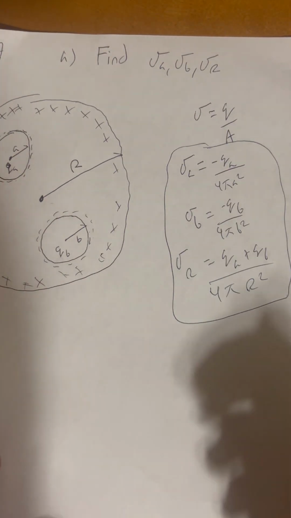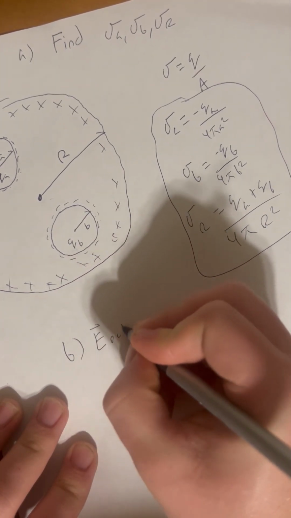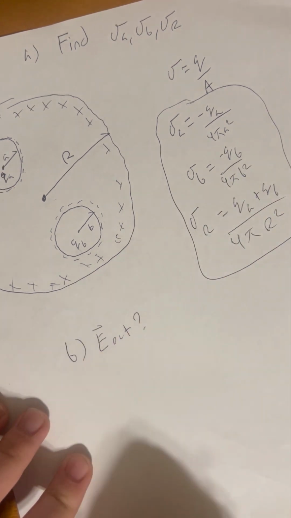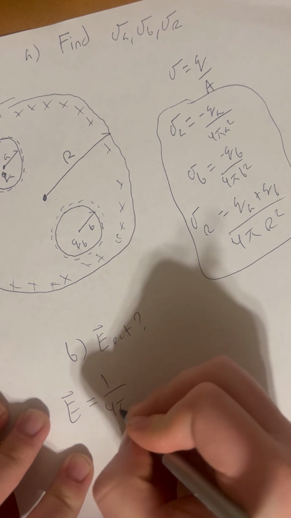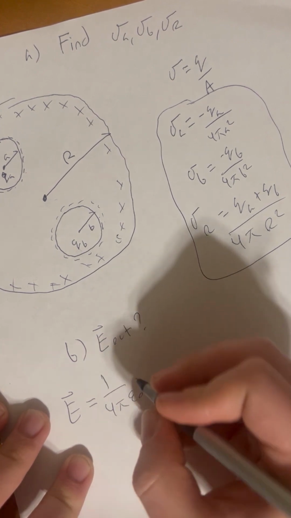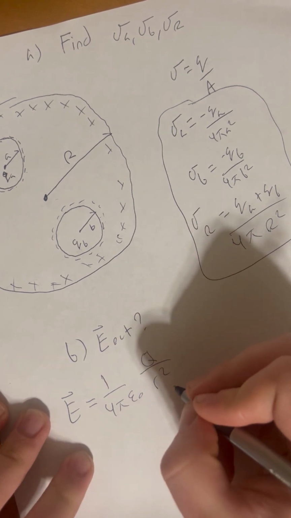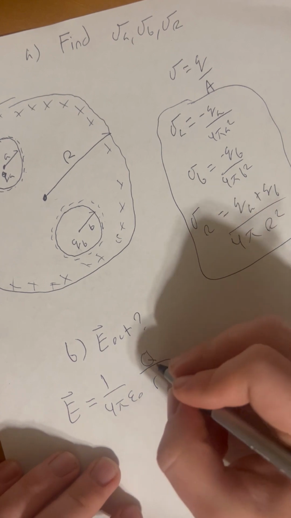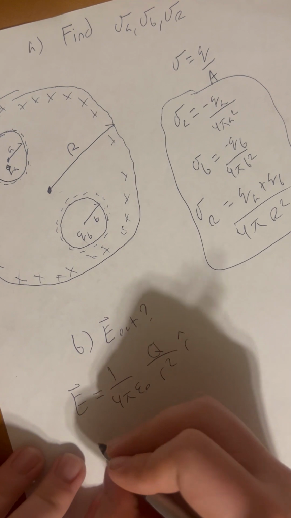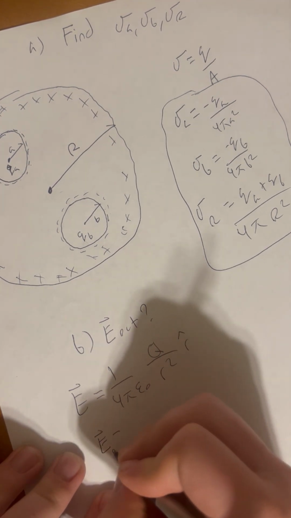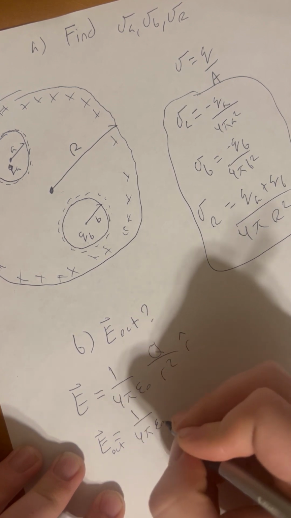All right, now in part B, we are tasked with finding the electric field outside of the conductor. We know the electric field is equal to 1 over 4 pi epsilon naught, Q over r squared in the r hat direction. So the electric field outside will be equal to 1 over 4 pi epsilon naught, of course.